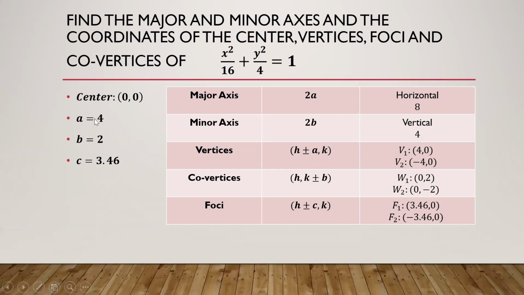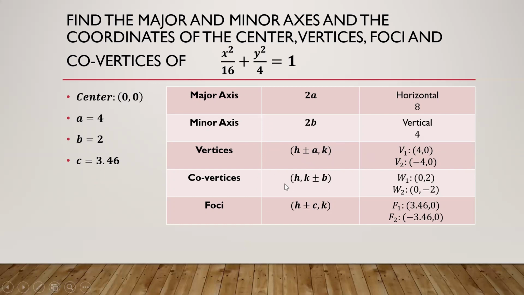So that's 0 plus 4, which is basically 4. And then we simply copy our k, which is also 0. For our second vertex, it's h minus a. So again, 0 minus 4, that's negative 4, and then we simply copy our k.